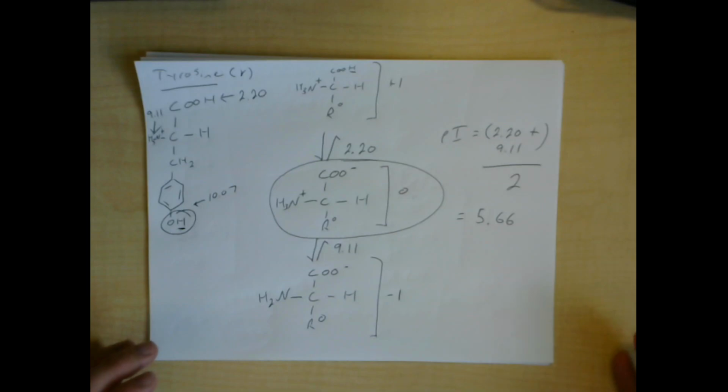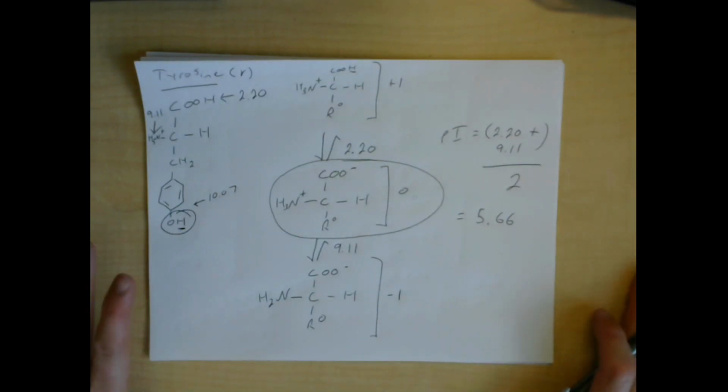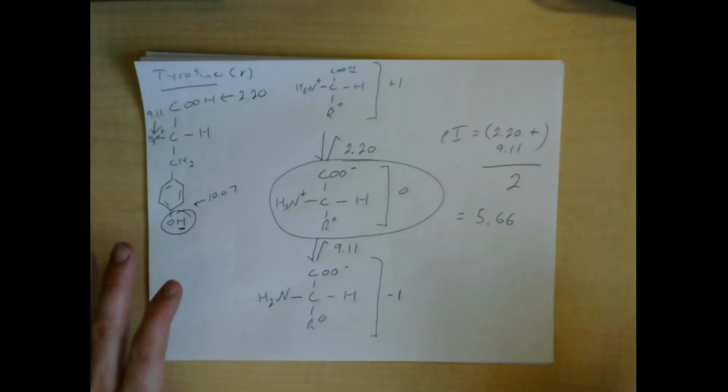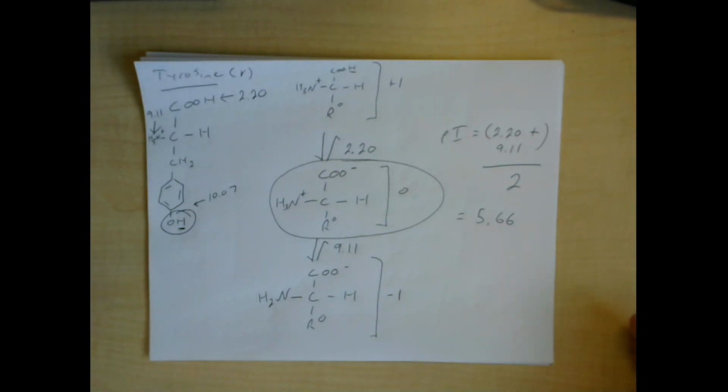Okay, so while I'm on this topic, what I want you to start thinking about is, earlier I told you you can use the pI to make predictions about the net charge of an amino acid under physiologic conditions, or really under any condition.